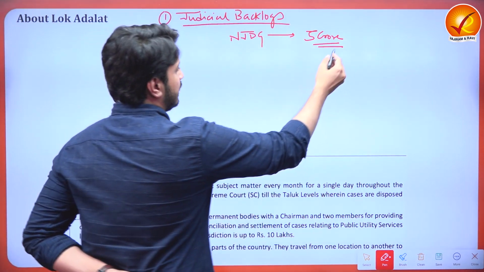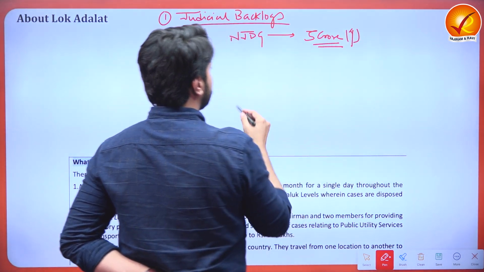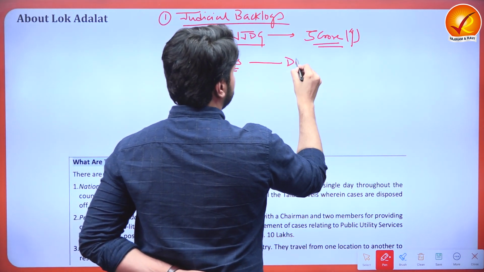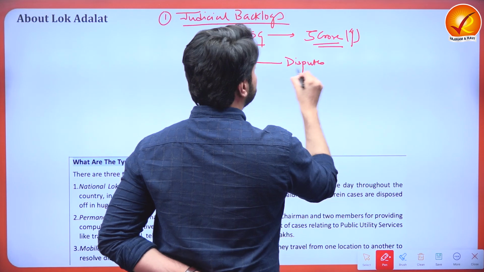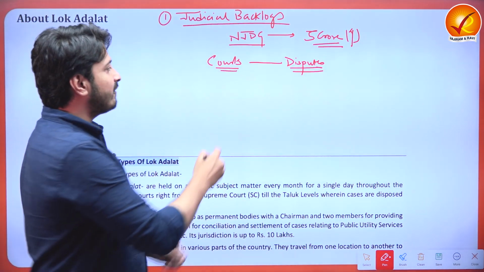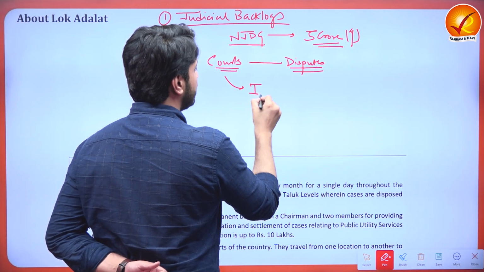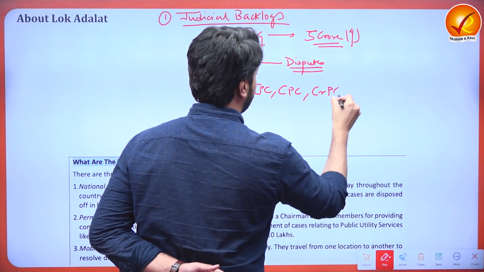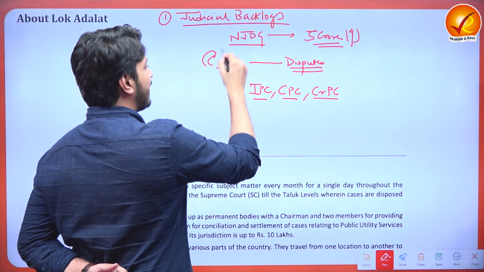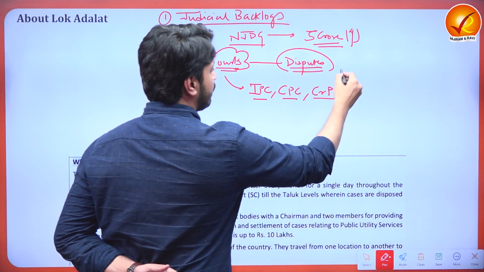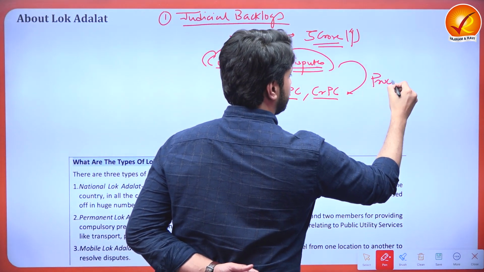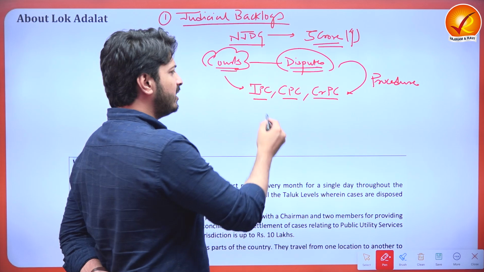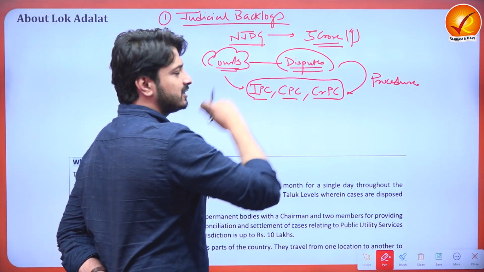And why are the cases burgeoning in nature? Because ultimately the courts are resolving the disputes in a very systematic and procedural way. The courts have to follow a lot of procedures which are prescribed by the Indian Penal Code or the Code of Civil Procedure or the Code of Criminal Procedure. The courts have to provide resolution to these disputes following the procedures prescribed by the relevant laws, depending on the law to which the dispute belongs.